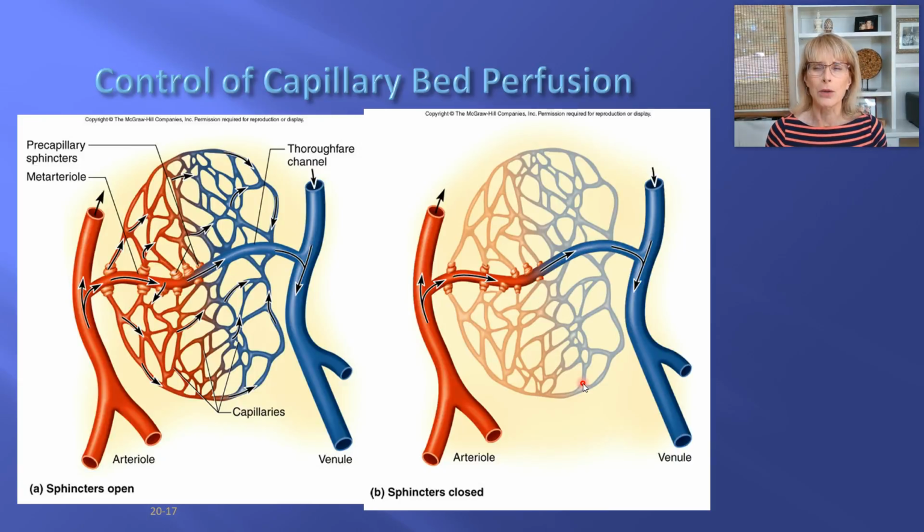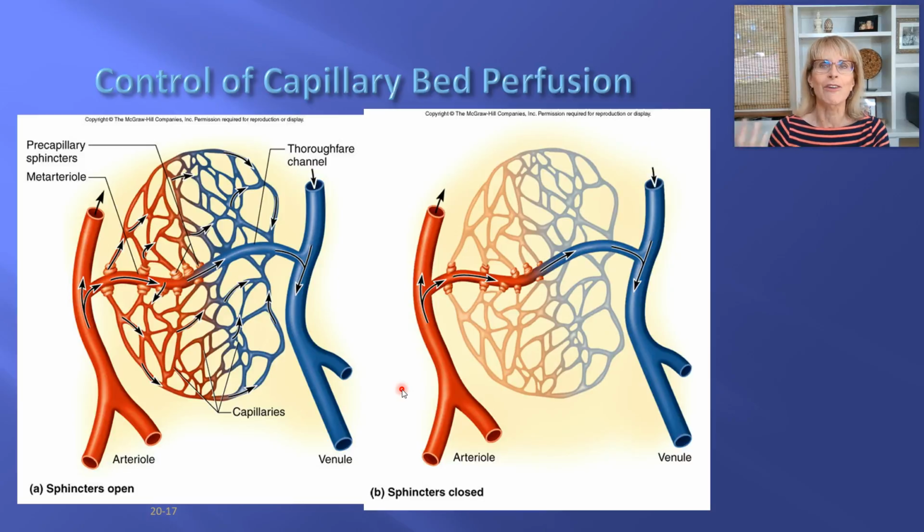Well, who's opening and closing them? There are a few factors, but the ones that I would like you to focus on are the autonomic nervous system and also tissue control factors. Now, in these areas that are depicted as yellow in these two artist renderings, there are cells that are living there.